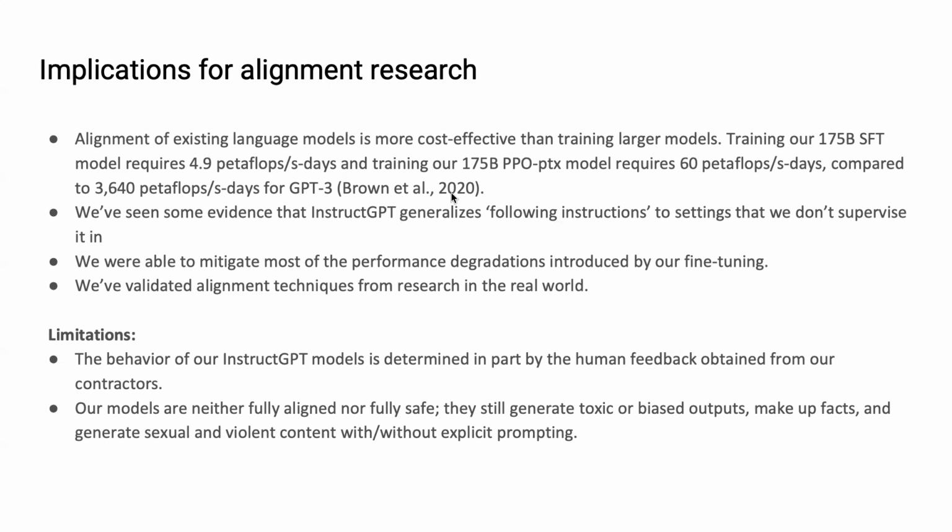It shows that with much fewer computing resources, it can already improve the model performance on following instructions. So it tells the direction of prioritizing more resources on model alignment rather than just using language modeling to train a bigger model for a bigger gain.